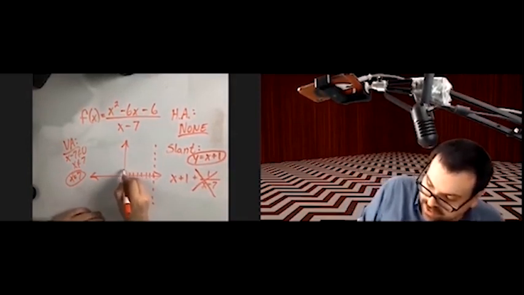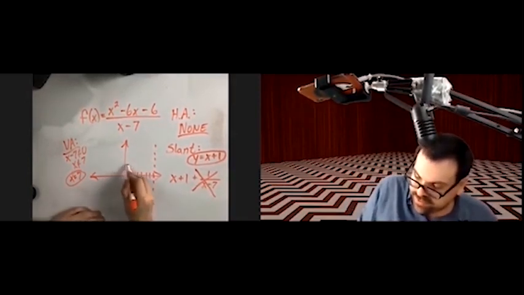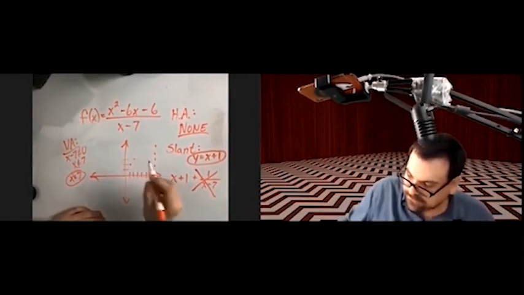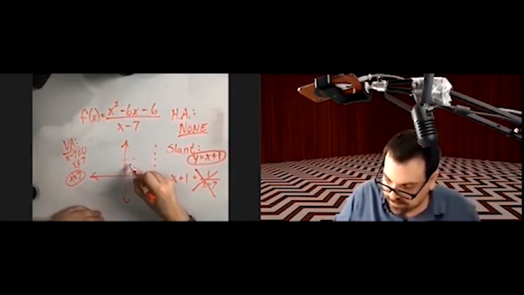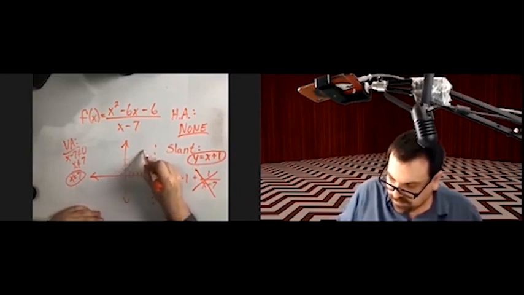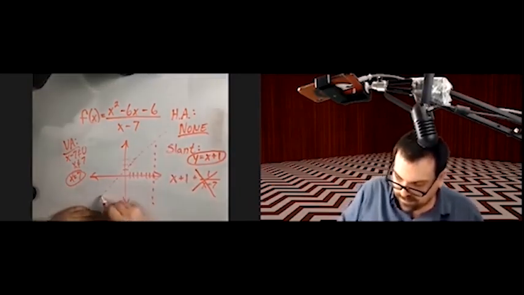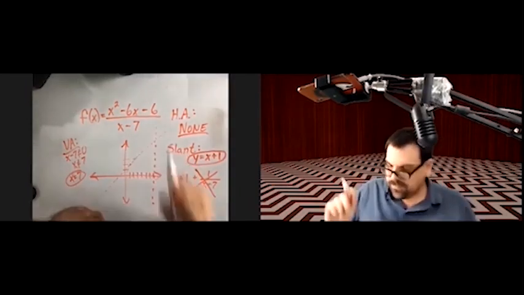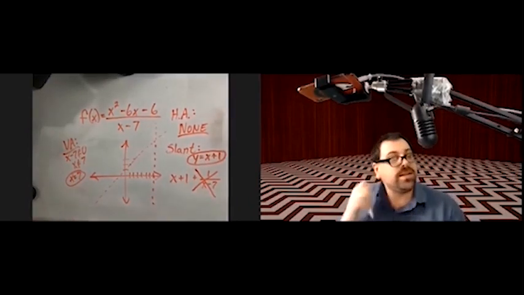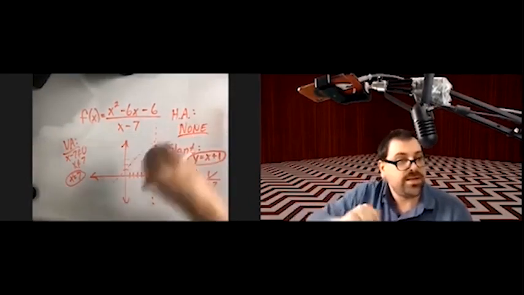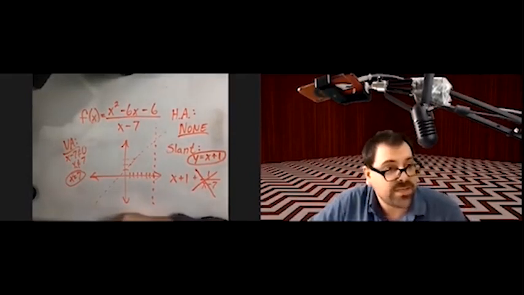That is a y-intercept of 1 and a slope of positive 1. See, a slant asymptote is literally a slant asymptote. Here it's the graph of the line y equals x plus 1.